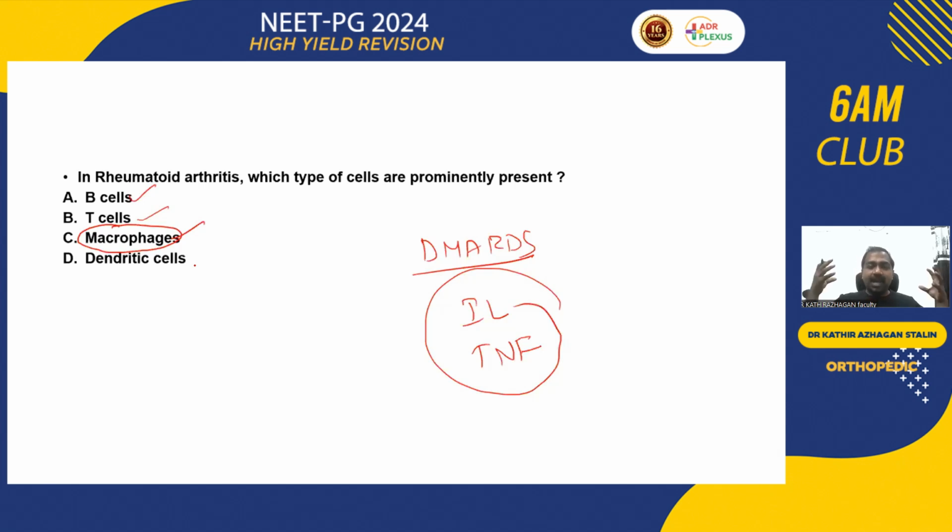All these macrophages are the bomb of chemokines, right? One macrophage, if it goes there, it's going to release everything and all the inflammation is going to set in. Although you will see a B cell, T cell, every cell there in rheumatoid arthritis, if they ask you single cell which is responsible for this, then the answer would be macrophages.